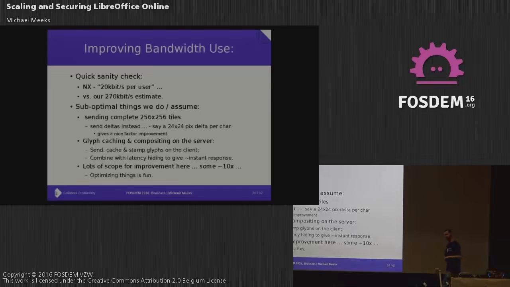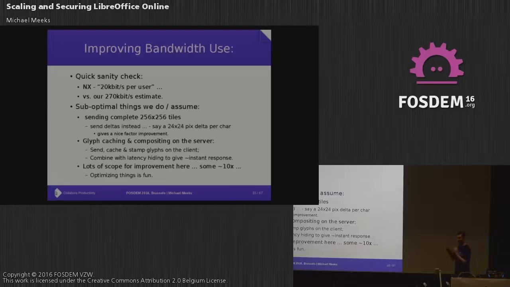Particularly since this is highly under-optimized from a bandwidth perspective as yet. So NX, who I think do something at least comparable, claim they need 20 kilobits per second per user, which is about a tenth of my inflated estimate.